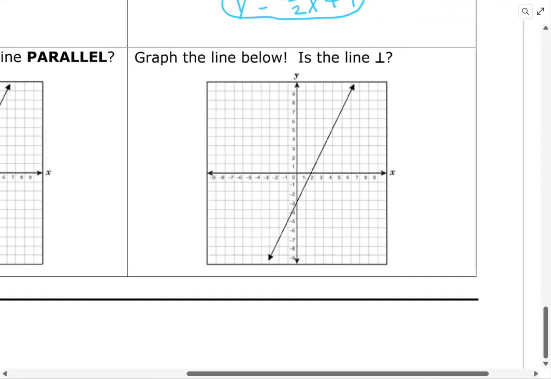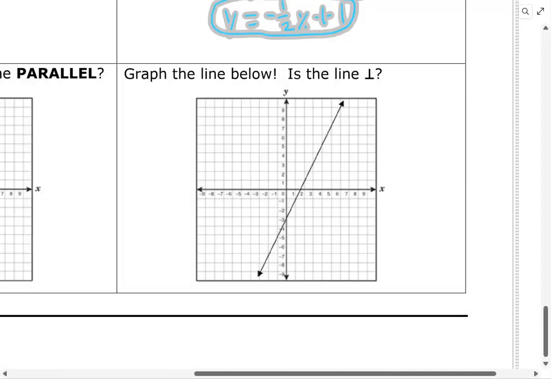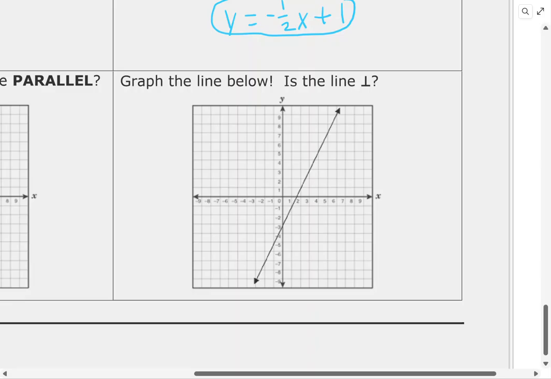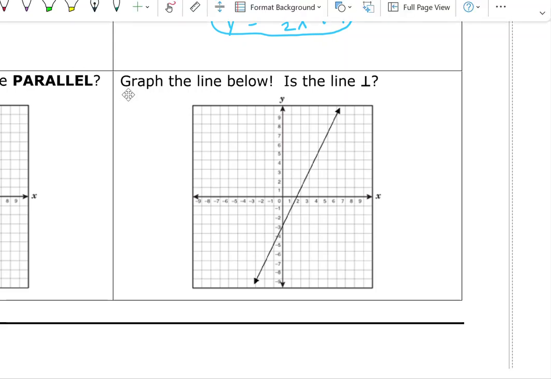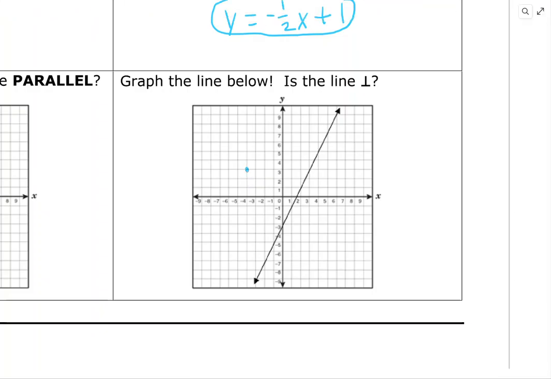For perpendicular, we have our original equation here of negative 2x plus 1. So again, I like to start with that point because I need to go through that -4, 3, because that was our original point given to us right here. I know my slope is going to be negative, so my line's going down, and my rise is going to be a -1 over 2, and my run will be 2.